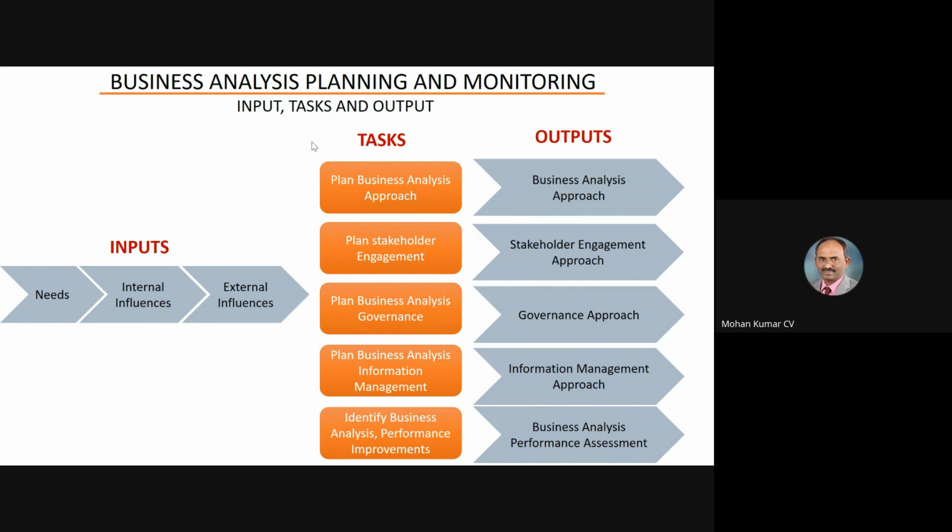For each process, what are the inputs, what are the tools and techniques you use, and what are the outputs. Similarly here, for each knowledge area, you have inputs, your task to be performed, and outputs. Is it okay? Audible to you? Follow? Yes, it is.